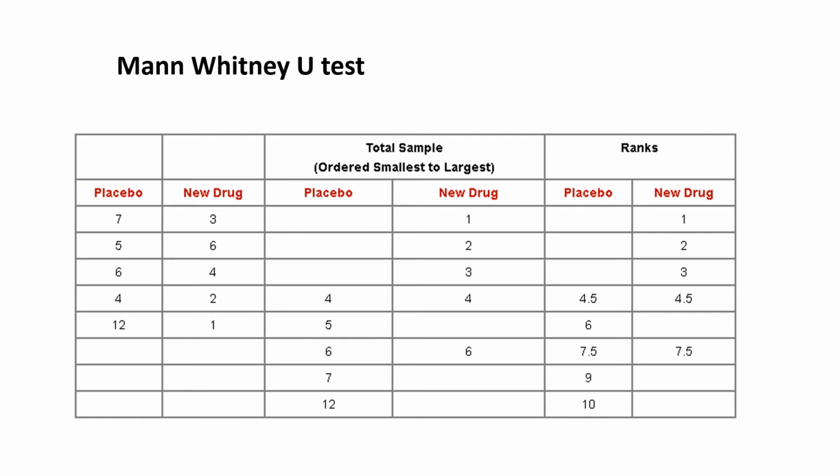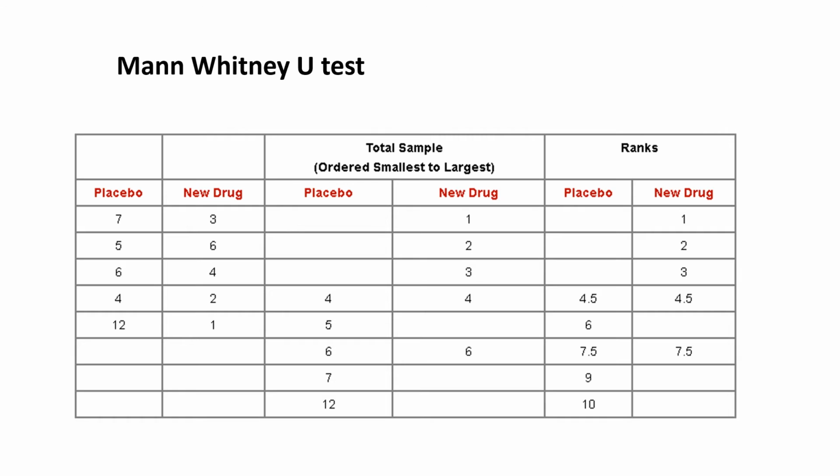The value 5 is for placebo, so its rank is 6. Then the 7th and 8th ranks are for the value 6, placebo and new drug, so you take the average: 7.5, 7.5. Then the 9th rank is for the value 7, and the 10th rank is for the value 12. So you arrange the ranks.